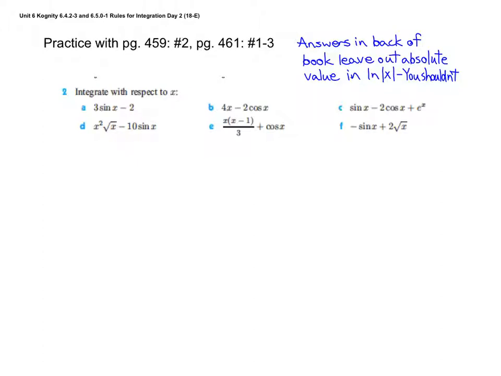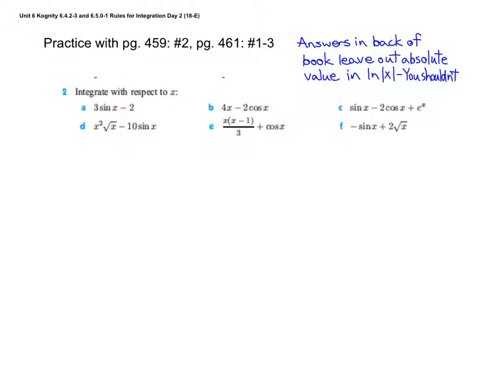If you look in the PDF of that textbook at the solutions, the ones that have natural logs in them do not have the absolute value, okay? You should go ahead and include absolute value. What they're doing is they're assuming that x is greater than 0 in all those cases, okay? I'd prefer that you be a little more exact than that, okay?